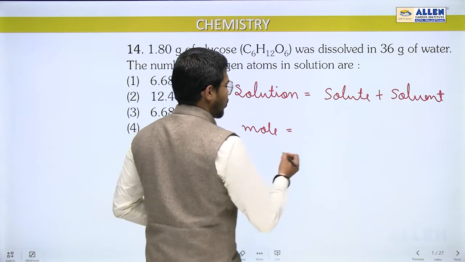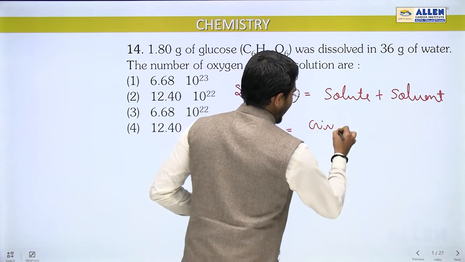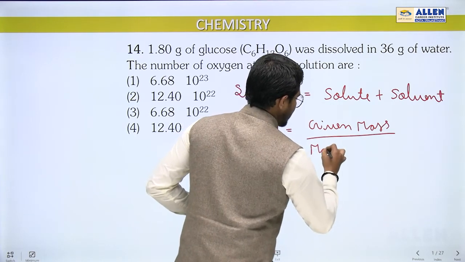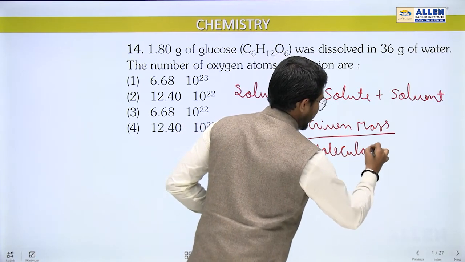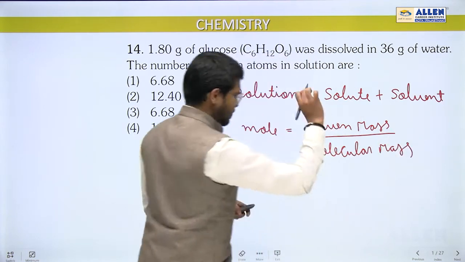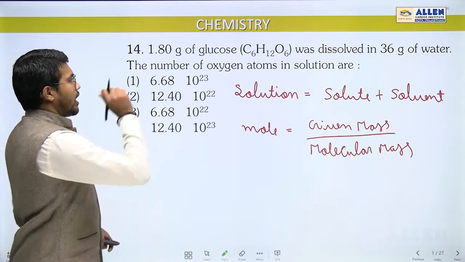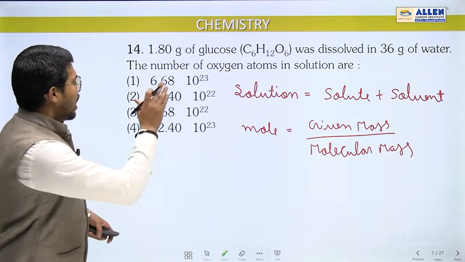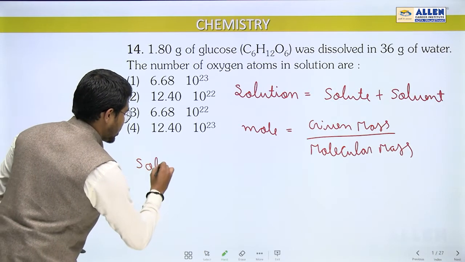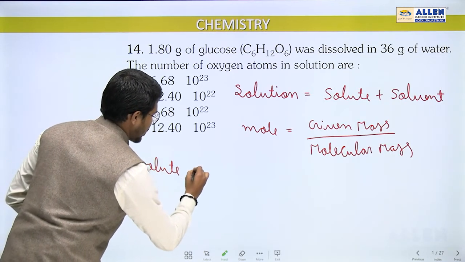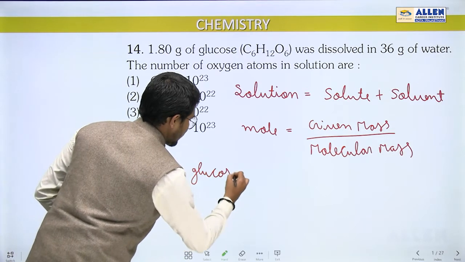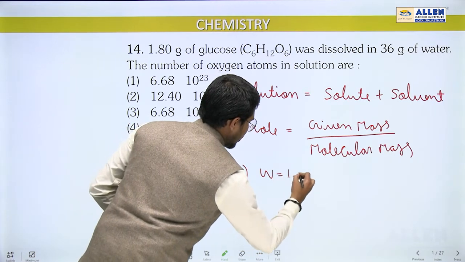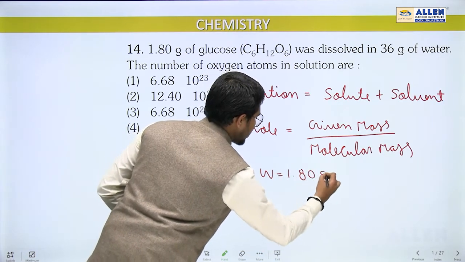The formula of mole is given mass upon molecular mass. Here the solute is glucose, and the given mass of solute is 1.80 gram.